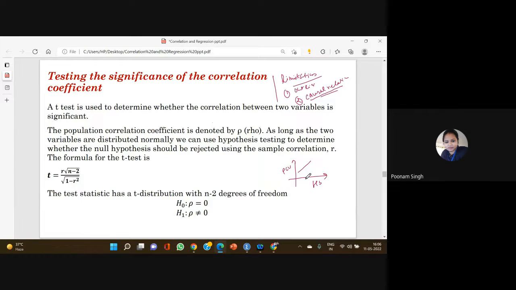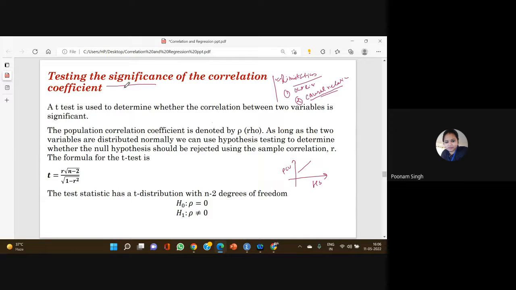Because correlation only shows the relationship between variables, but it does not show causation, which we will see in regression. Okay. So these are the two limitations you should take care of when you are interpreting the correlation coefficient. Okay. So let's see the testing of the significance of correlation coefficient.